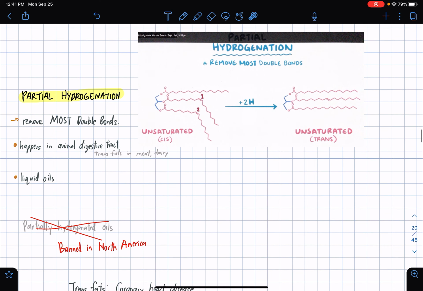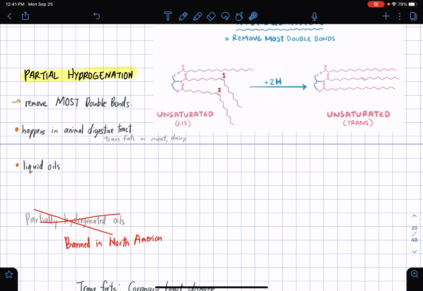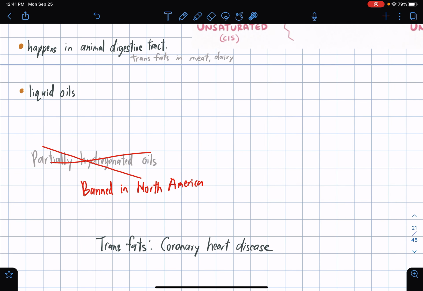So there is something called partial hydrogenation. It basically removes most of the double bonds. It happens in the animal digestive tracts and in liquid oils. So there are certain partially hydrogenated oils that have recently been banned in North America.